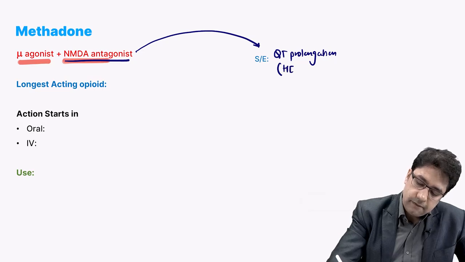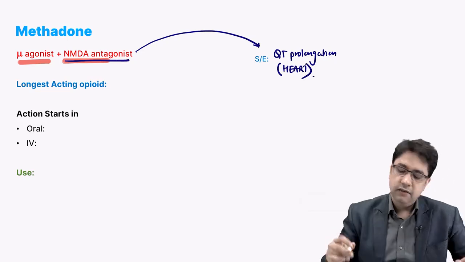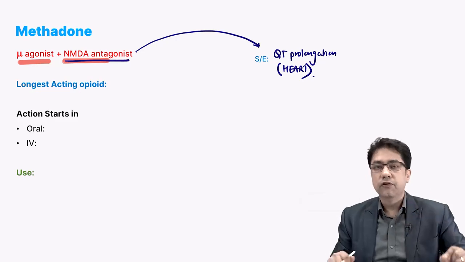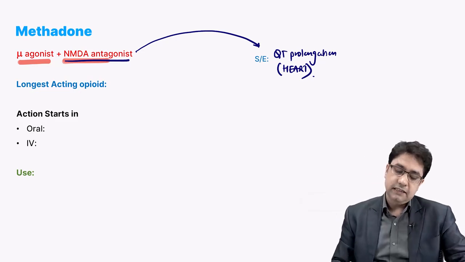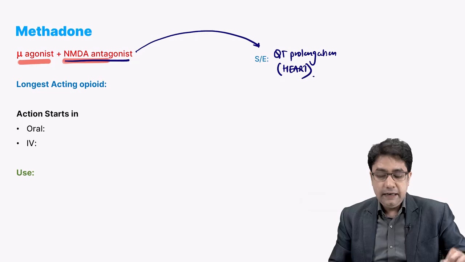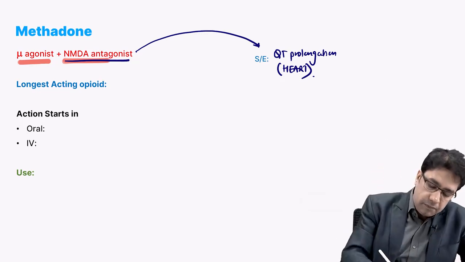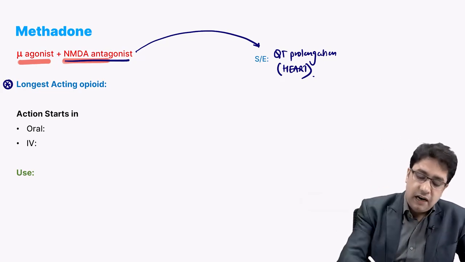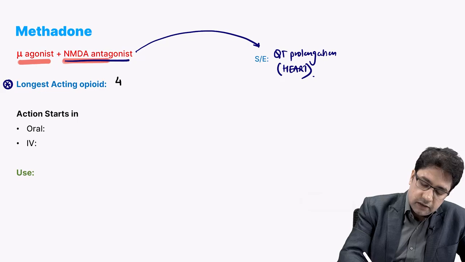So, on heart, there is QT prolongation. So, question comes, which opioid causes QT prolongation? That is methadone. So, methadone has additional NMDA antagonist property, and we know methadone is the longest acting opioid. So, the half-life of methadone is 40 hours.